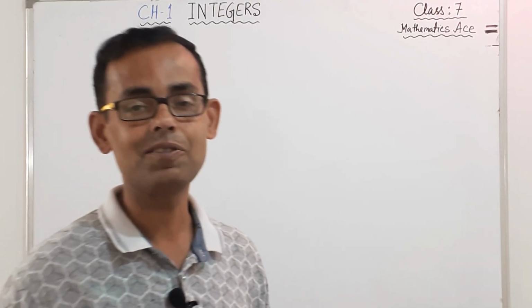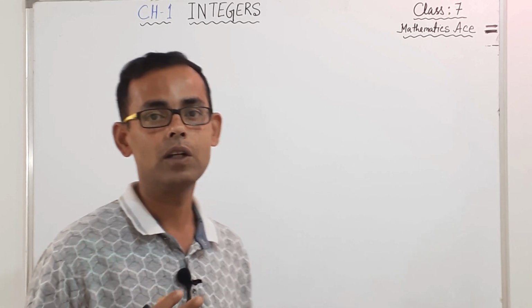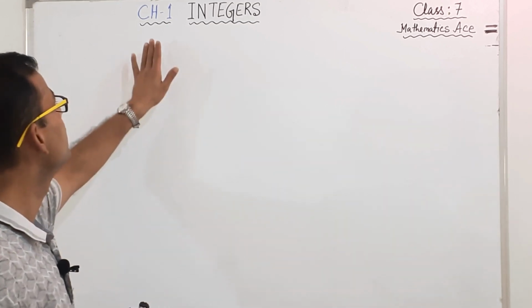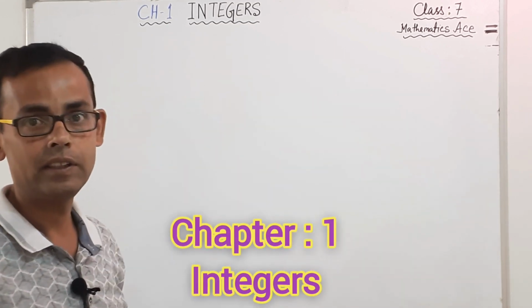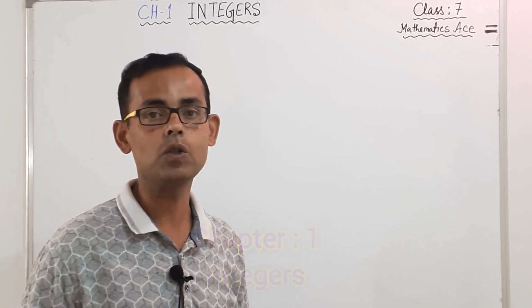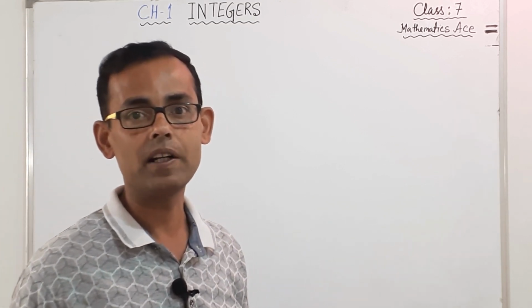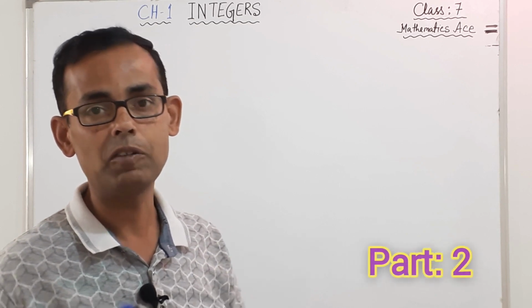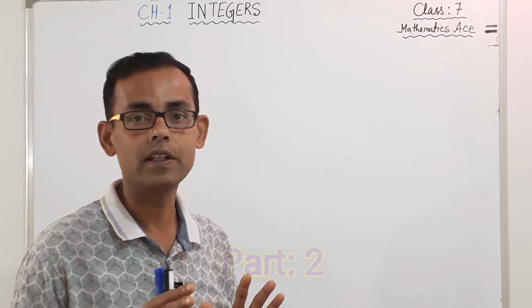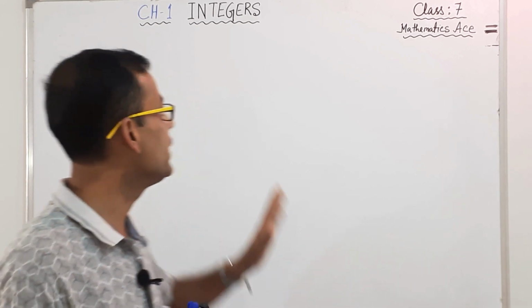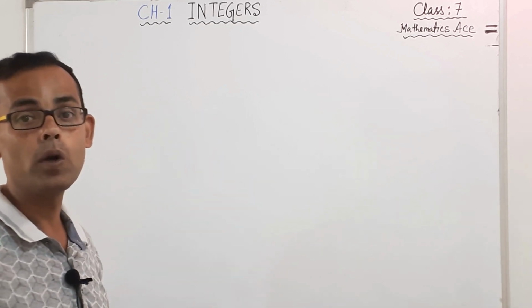Now, class 7 students, today we are going to study chapter 1, integers. It is a continuing class, and today's part is part 2. In our previous part, we studied some basic concepts of integers. Let us know more about it.